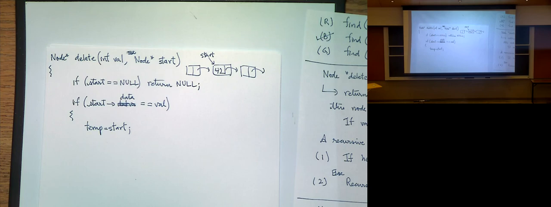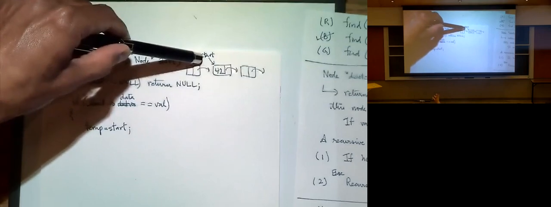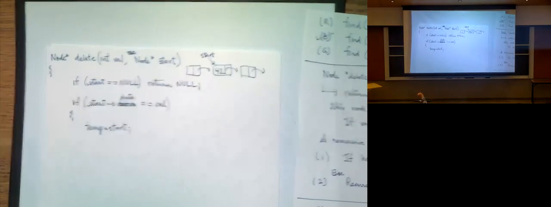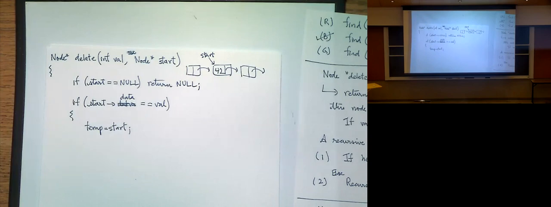Yeah? You still have something to say. If you did that, then you would miss the data at start. Yes? When we do the recursive call within the dummy function, instead of passing in head next, we should just be passing in head.